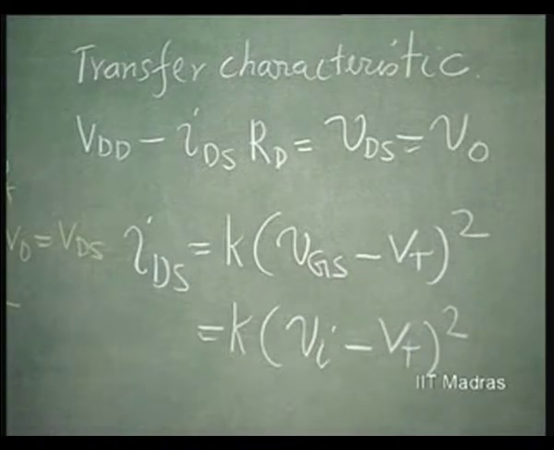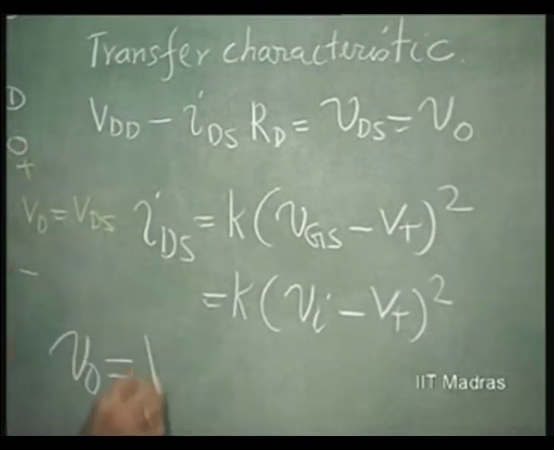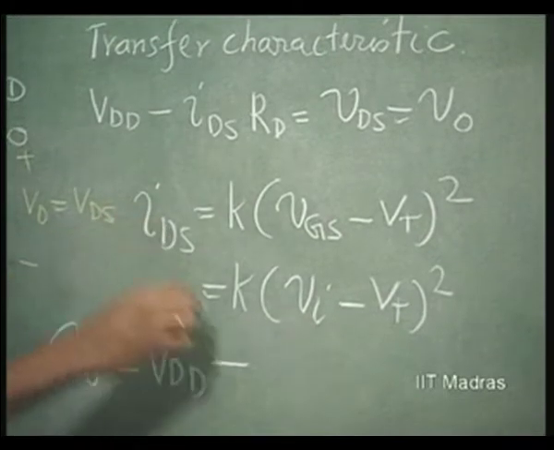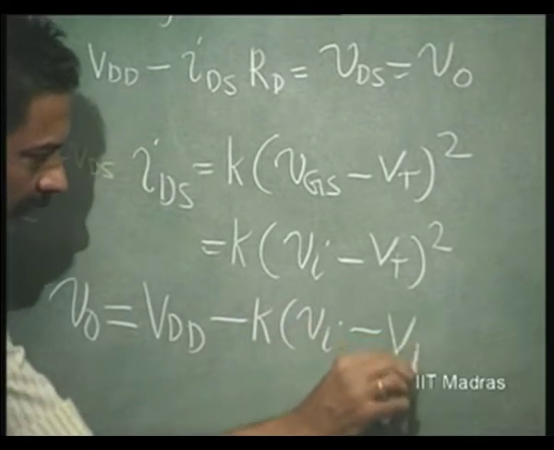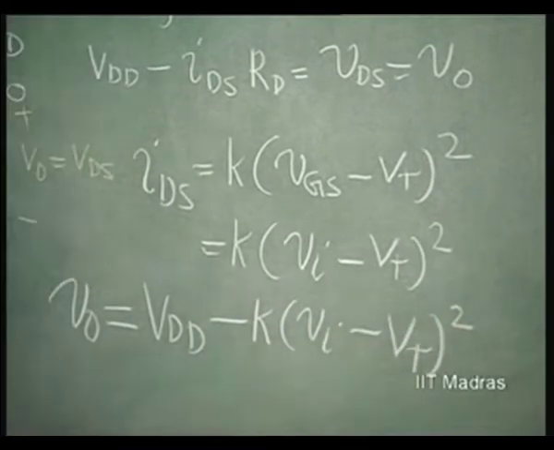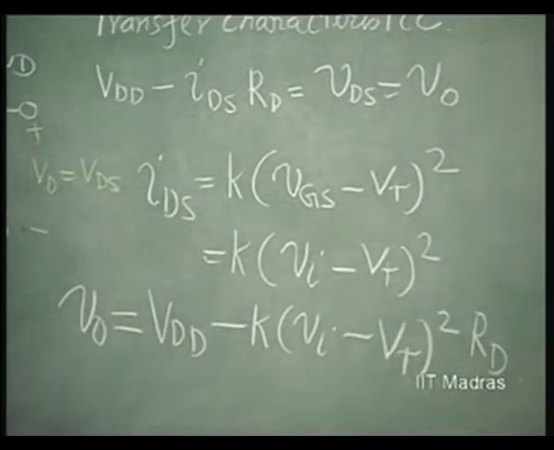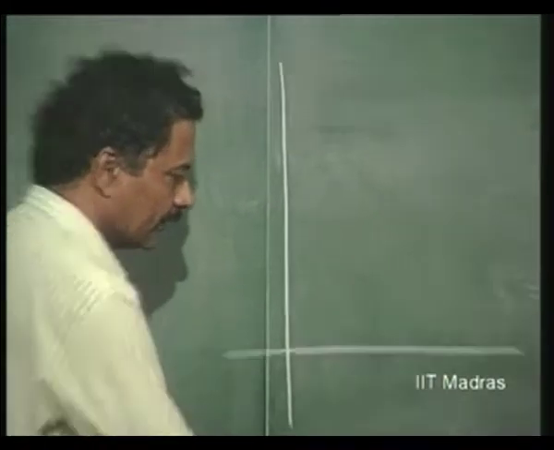So, we are getting the relationship V naught equal to VDD, a constant voltage, minus IDS, which is K times VI minus VT whole square into RD. This is what is called the output versus input characteristic.